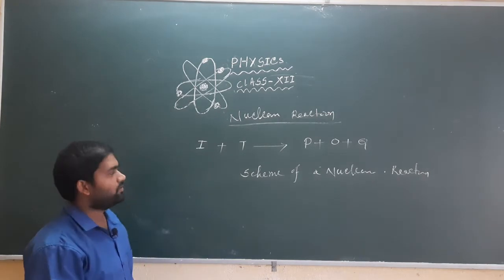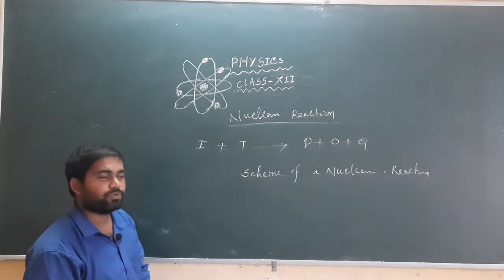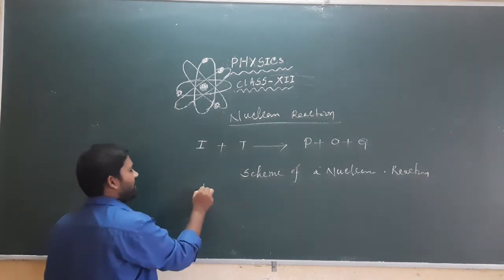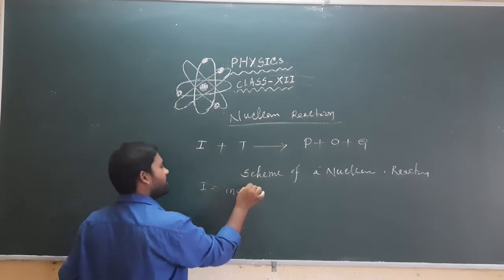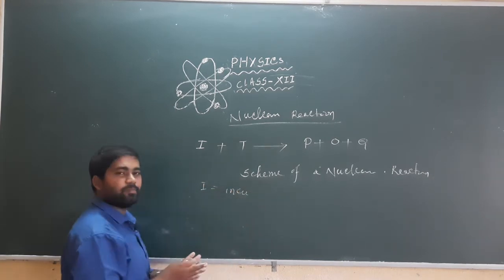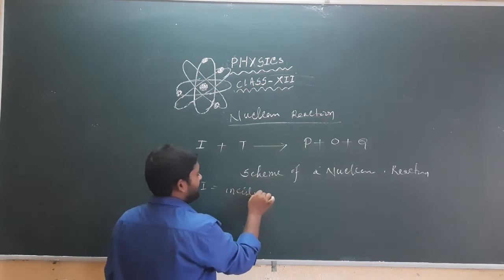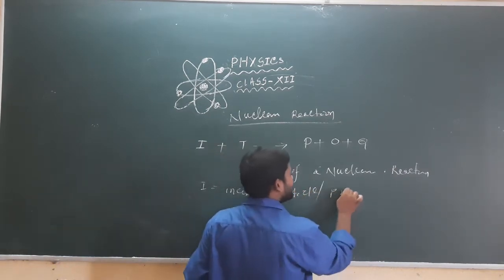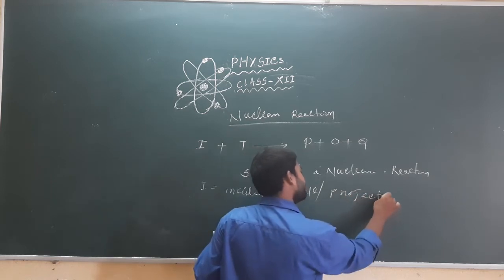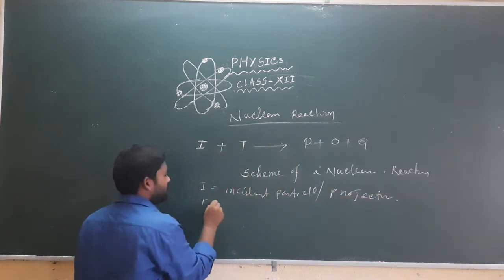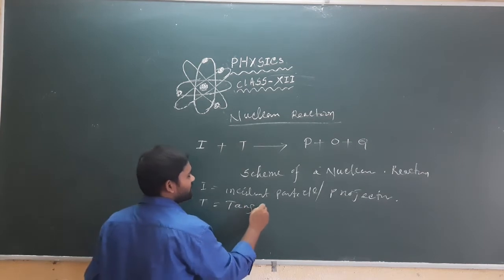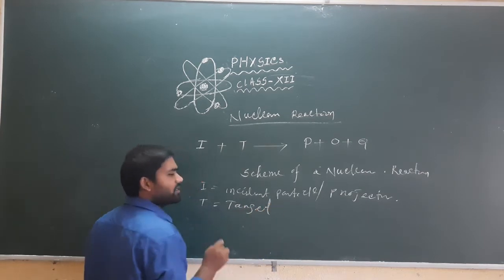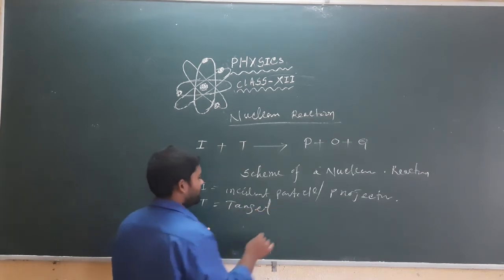What are the different terms we write here? I is the incident particle, or incoming particle, or simply the projectile. T is the target nucleus, which is a stable nucleus.